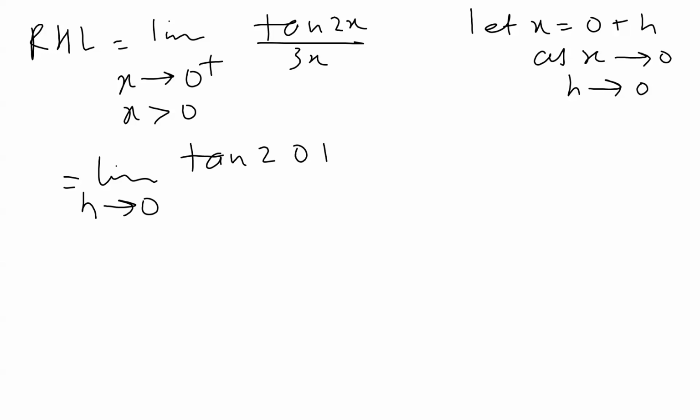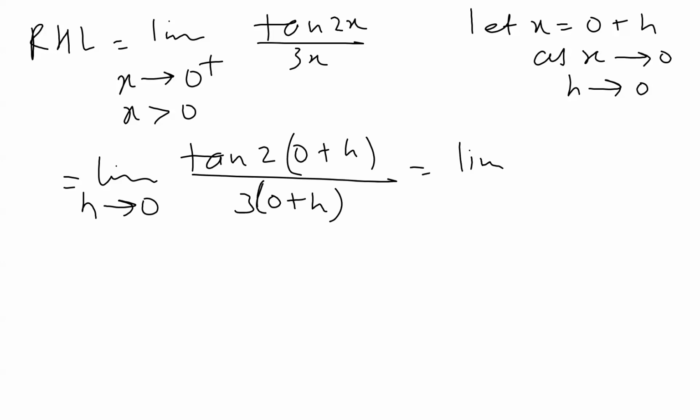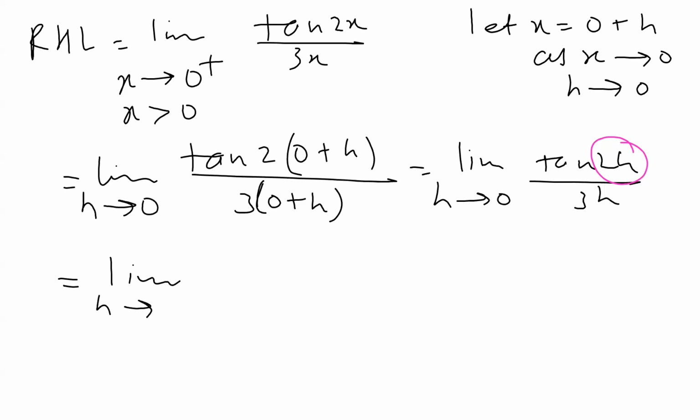Tan 2 into 0 plus h, 3 into 0 plus h, which is equal to limit h approaching 0, tan 2h upon 3h. Now again, this is 2h, so in the denominator again we need to have 2h, because that is the criteria for the sine and tan formula in limits.